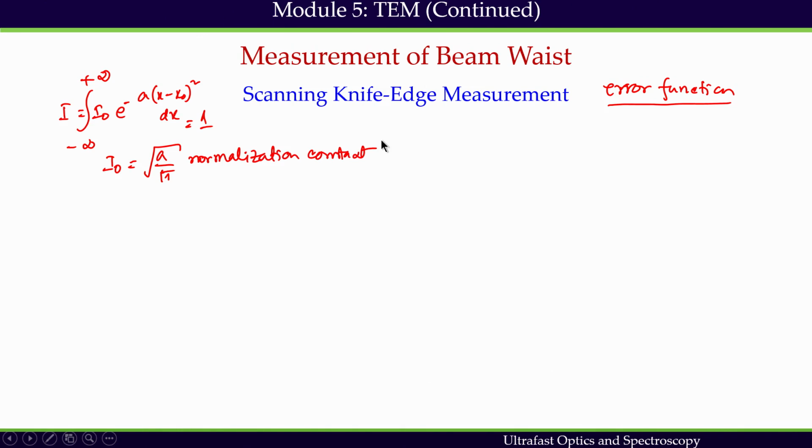Okay, so a normalized Gaussian function of the form which we have taken can be written as square root of a by pi e to the power minus a (x minus x naught) whole square.